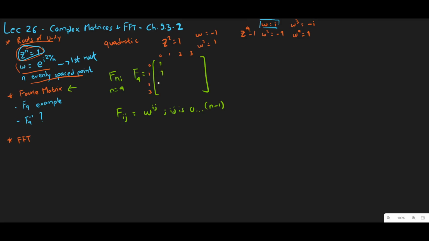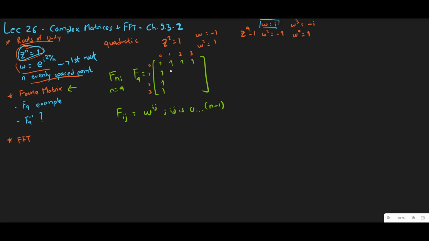W to the 2 times 0, so we have 1. And W to the 3 times 0, we have 1. So this is also the same, we have 1, 1, 1. Again, because W to the 1 times 0 is W to the 0, which equals 1. And the same goes for the others. Just want to make that clear.